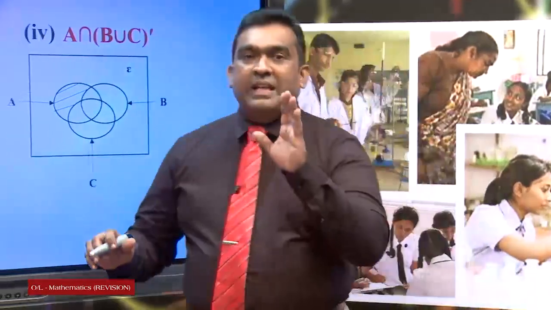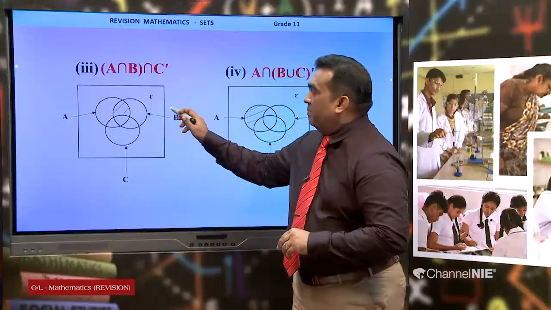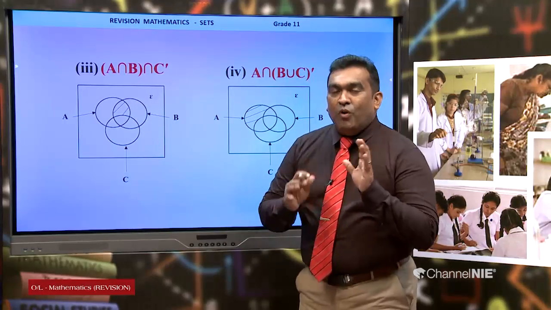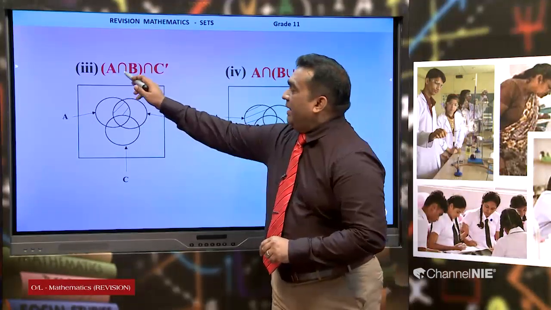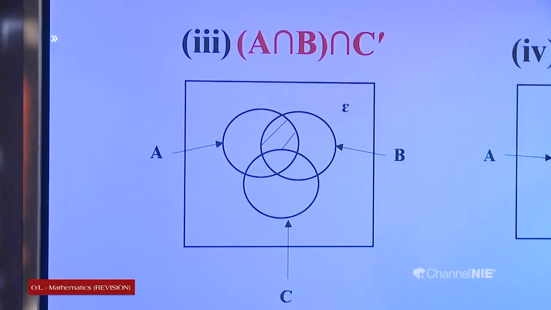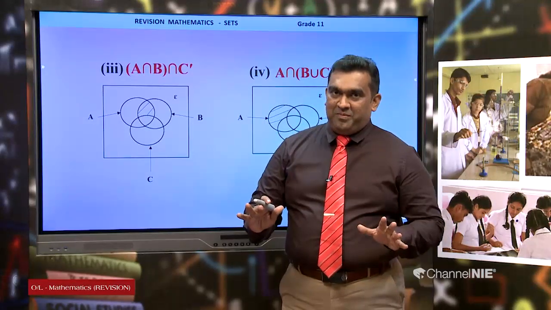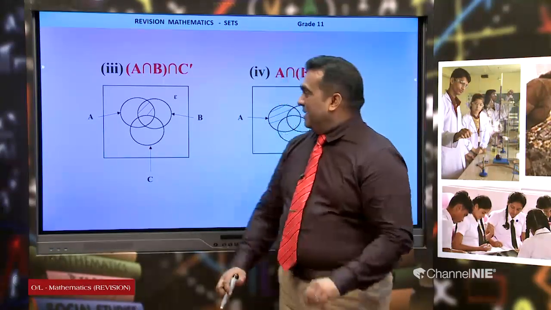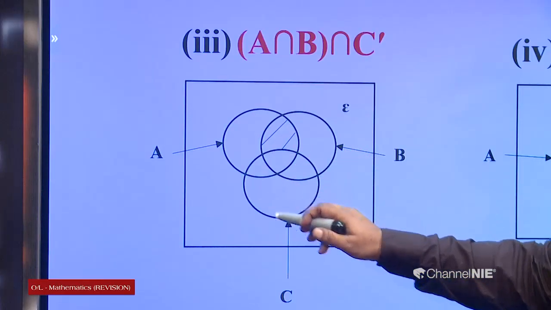Here you can see there are three sets, A, B, C. We want to shade the region A intersection B intersection complement of C. Complement of C means except C, so you can't take this region.